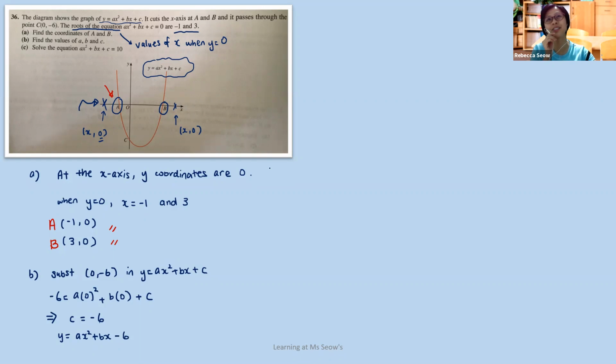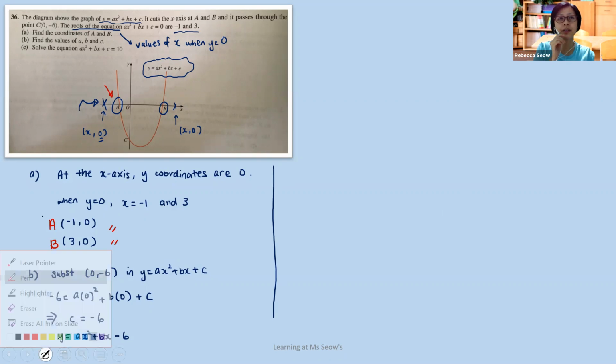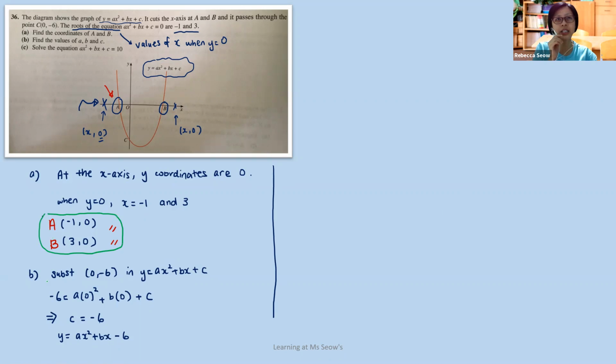All right, story's not over. We're going to move on to find our small a and small b. So how are we going to do that? Don't forget that points A and B, which we found in part A, lie on y equals ax squared plus bx minus 6.